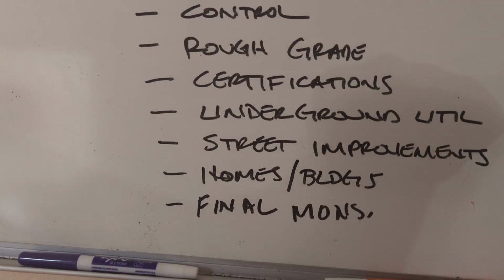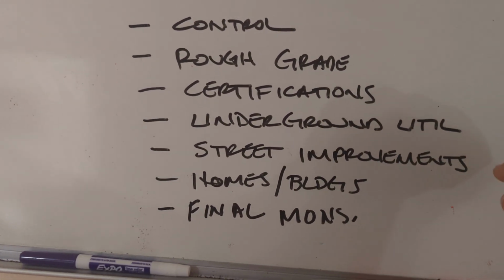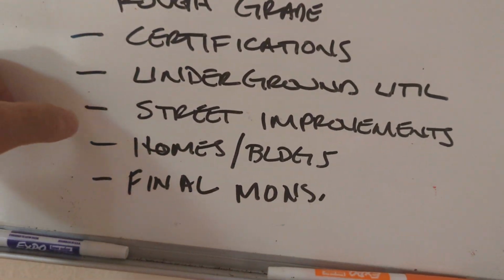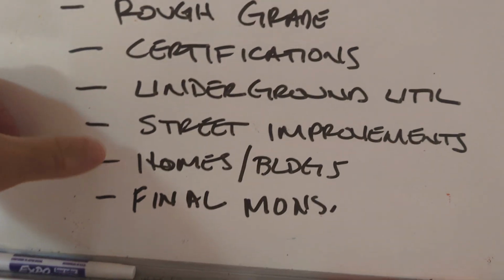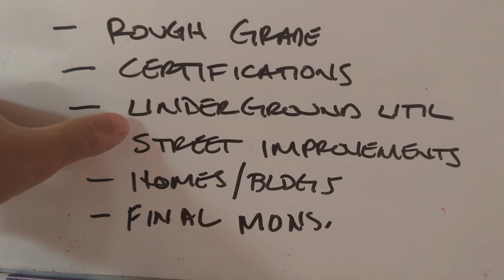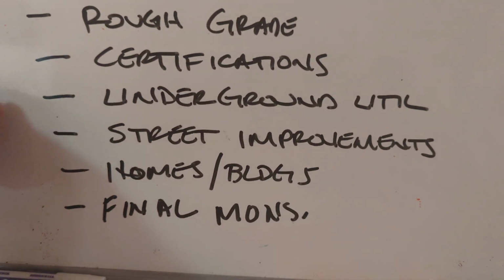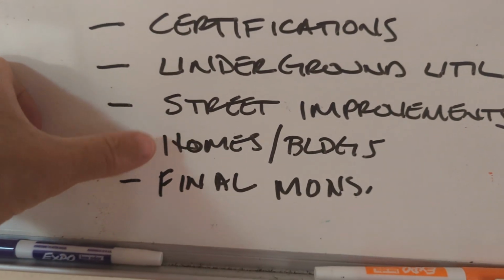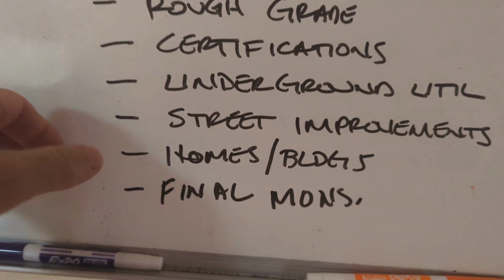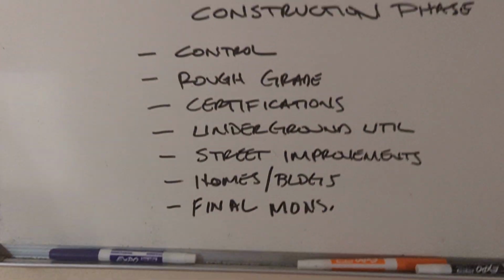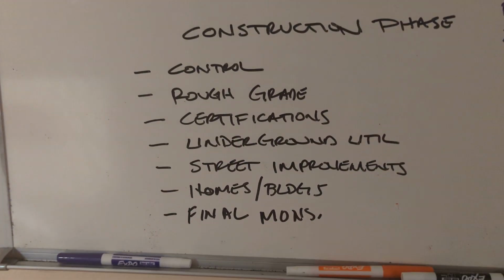So now we do water, and we also stake dry utility crossings a lot more than we ever used to. So after all the utilities are put in, and we got street improvements, curb, gutter, stuff like that, house corners or building corners, and then after all the job is done, we have final monumentation, property corners, street intersections, stuff like that.